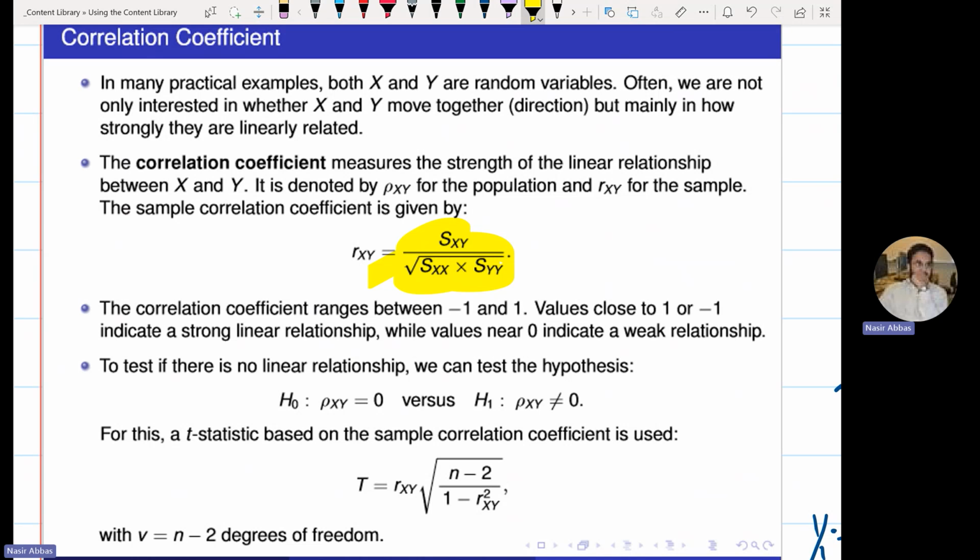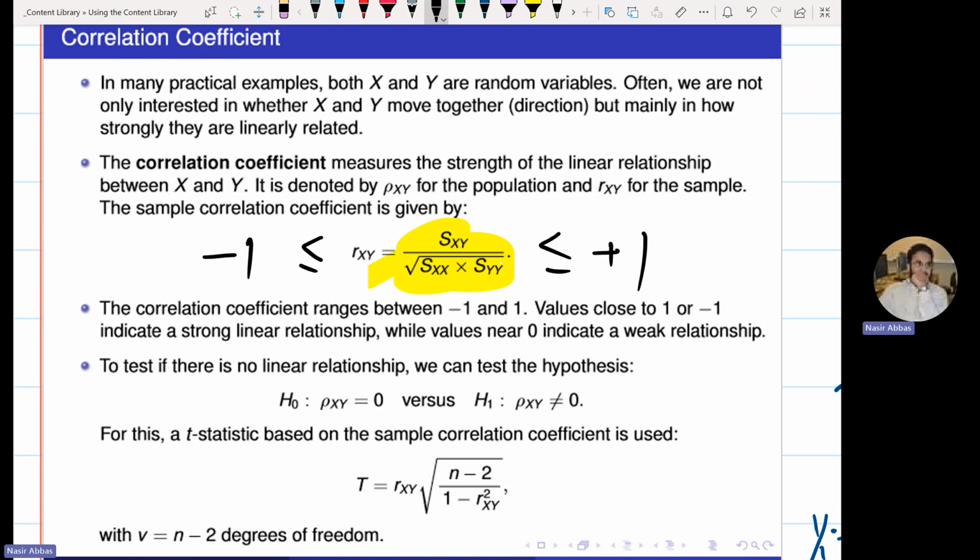What is the possible domain for this R? Not 0 to 1. It is -1 to 1. The sign of the correlation, plus or minus, indicates the direction of the relationship between the two variables.